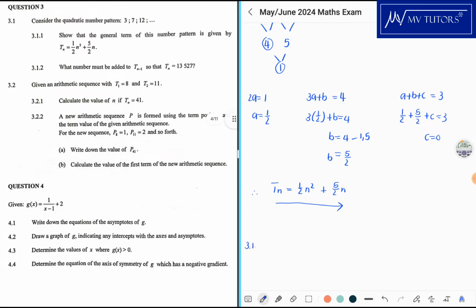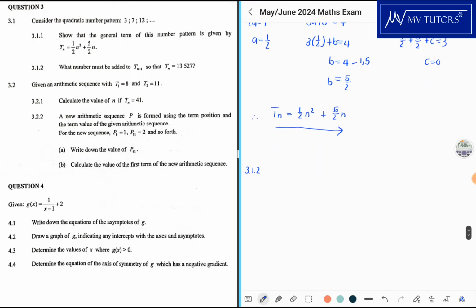All right, 3.1.2. What number must be added to Tn minus 1 so that Tn is 13,527? So you know how we normally say we have Tn and then the next term will be Tn plus 1? Well, now we have Tn minus 1.